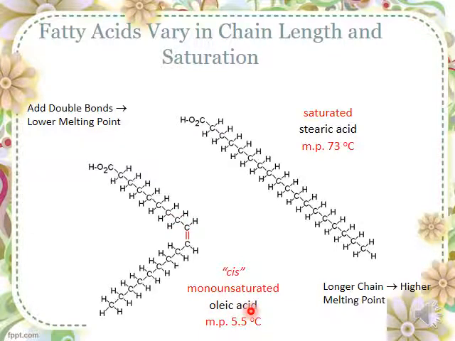So here we can conclude that if the double bonds increase, the melting point will decrease. As there are more double bonds, the melting point becomes lower.